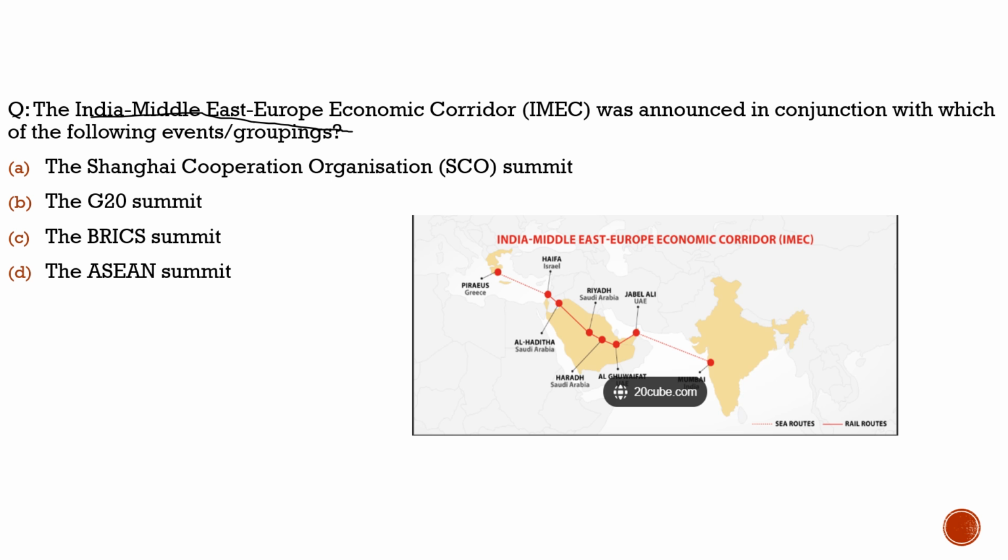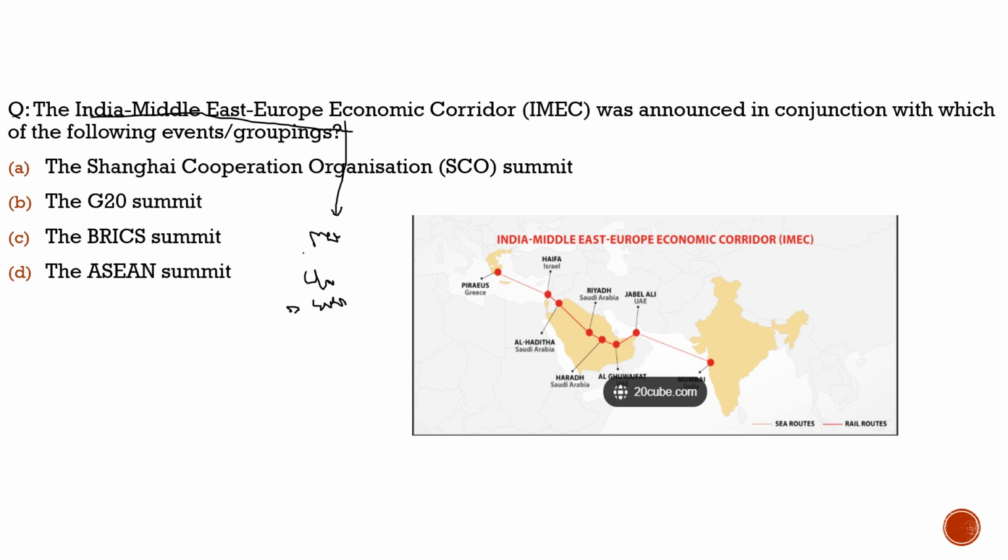Usually, the main purpose of this India-Middle East-Europe Corridor is to counter China's Belt and Road Initiative, and also it is an alternative to the Suez Canal, because we have seen how much the Suez Canal gets disturbed whenever there are crises in this region, especially the Palestine-Israel area.